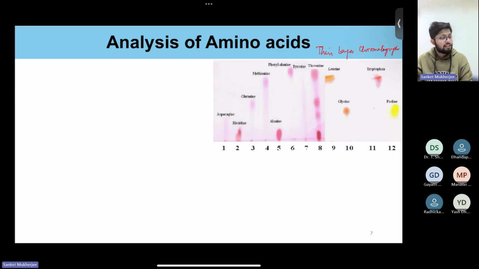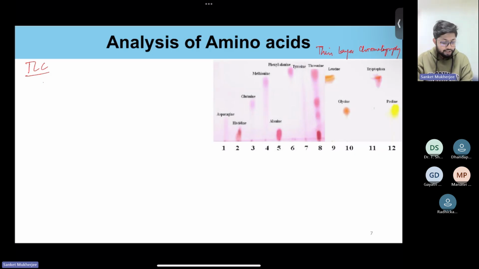In this type of chromatographic technique, TLC, thin layer chromatography, it is used to separate and analyze amino acids from proteins. Some of you might have done this experiment in your BSc or BTech.